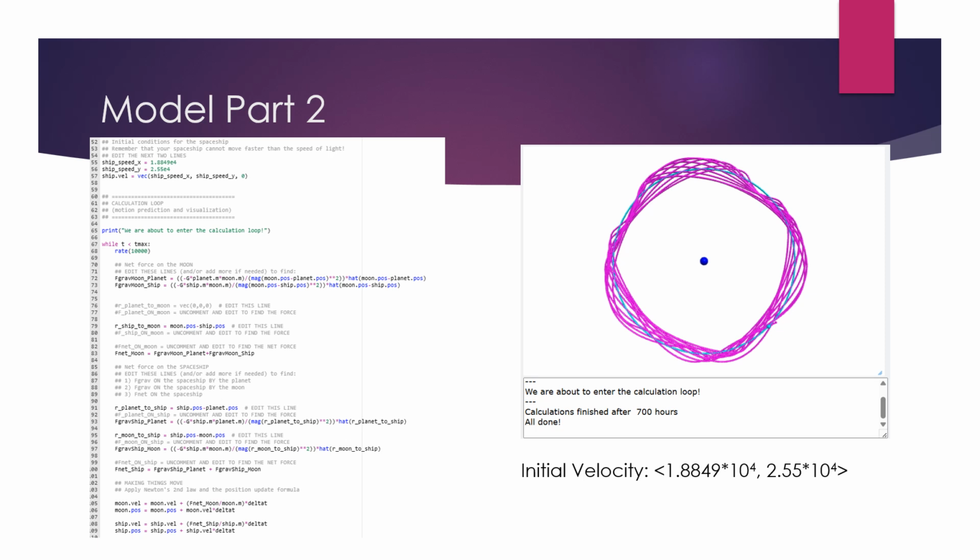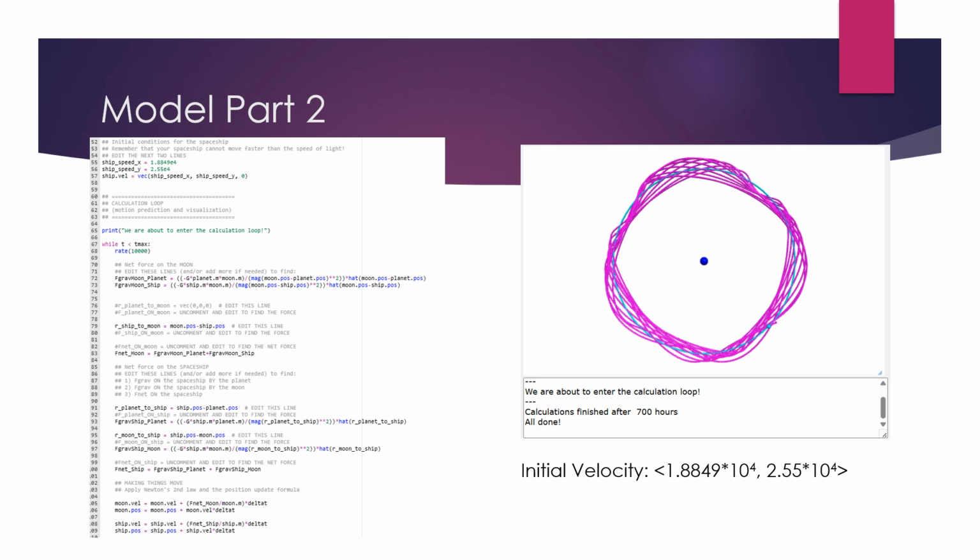On the left here we have those forces written out in the code, with gravity given between the moon and planet, the moon and ship, the ship and the planet, and the ship and the moon. And then calculated up to F net, and we used velocity and position updates to create a path.